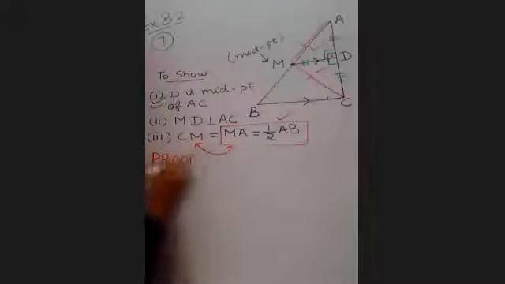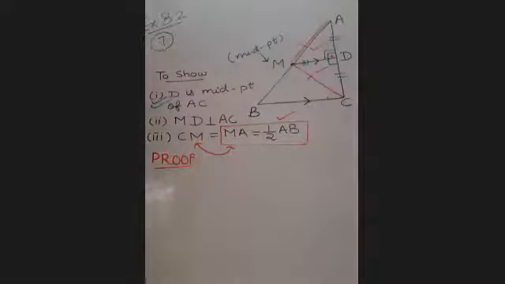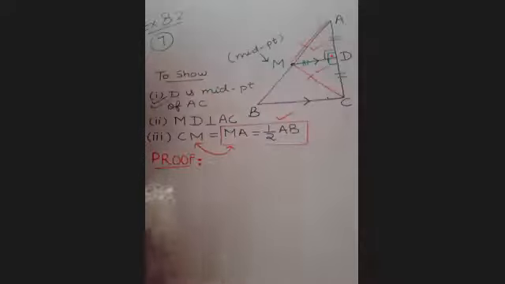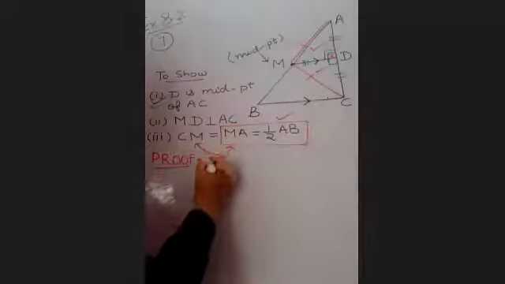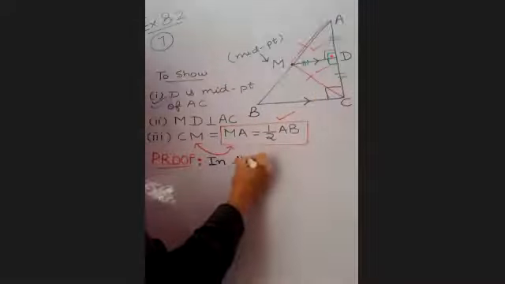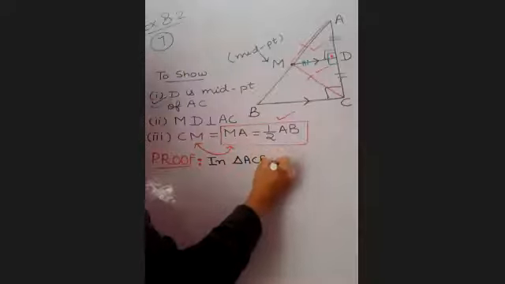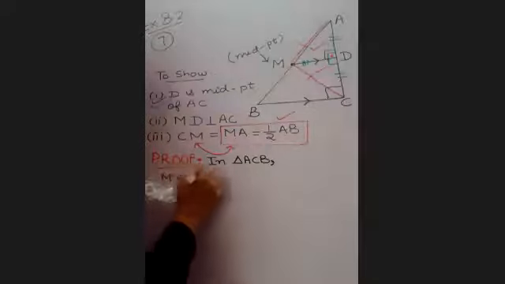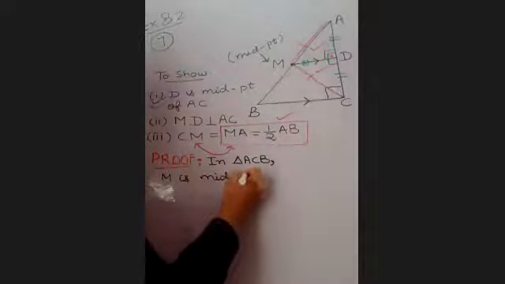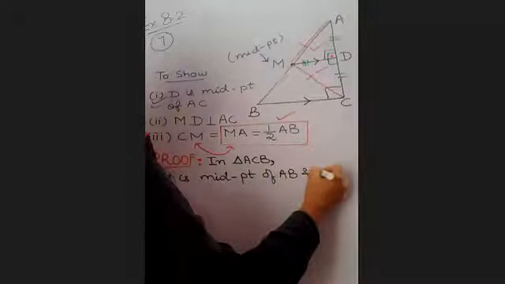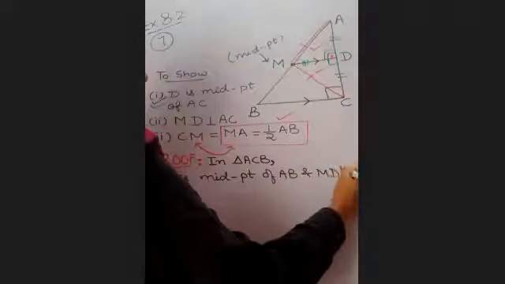Please take it down with understanding. And whenever you are applying the midpoint theorem or its converse, do mention the name of the triangle. Okay? Let's see. Please draw the figure carefully. In triangle ABC, M is the midpoint of AB and MD is parallel to BC.